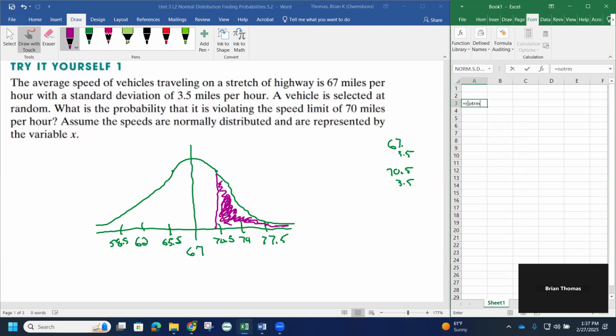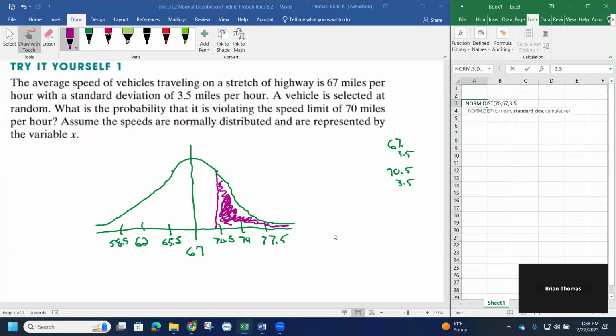Notice how normal distribution shows up. If I click on it, notice how it wants three fields. Our X is the data point, 70. Then our mean was 67, and our standard deviation was 3.5.